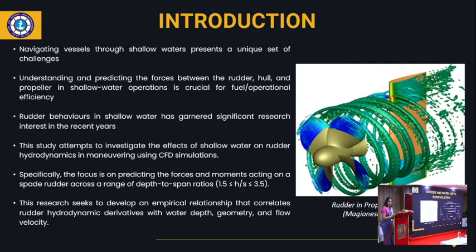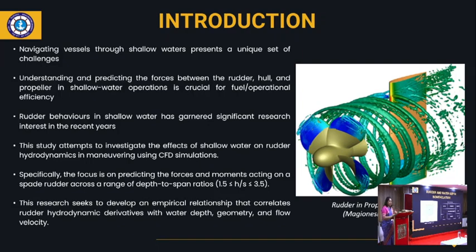So a spade rectangular rudder is considered, and this is the configuration of water depth shown in the figure. We take the depth, measured from the load line or the draft line of the hull, and the span of the rudder is taken as the denominator, and we find this ratio of water depths.